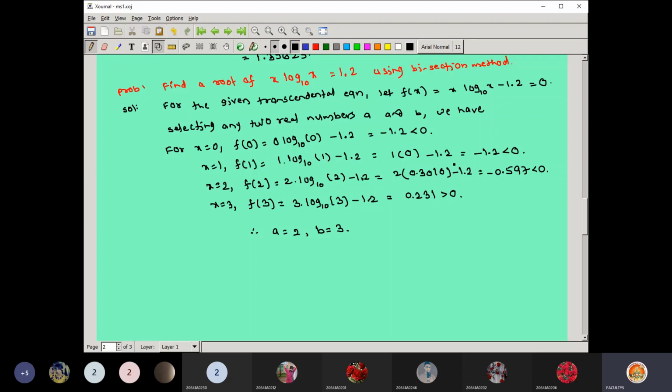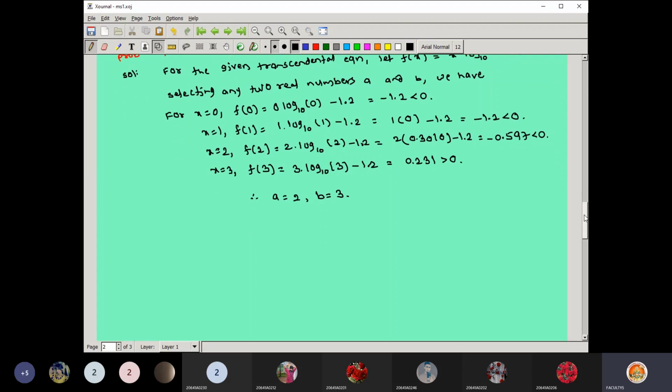So once you know A and B values, better you go for the approximate root. The approximate root is given by, so I'm giving you the formula, very simple. Xn is equal to a plus b divided by 2. Here n takes the value 0, 1, 2 and so on.